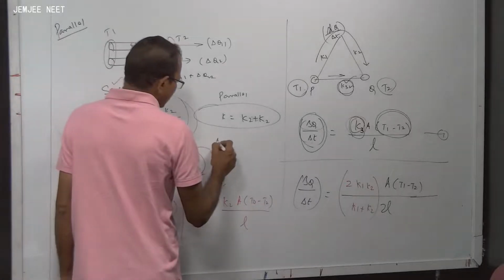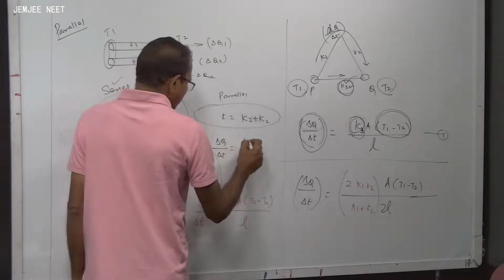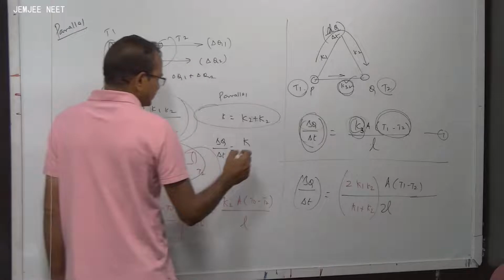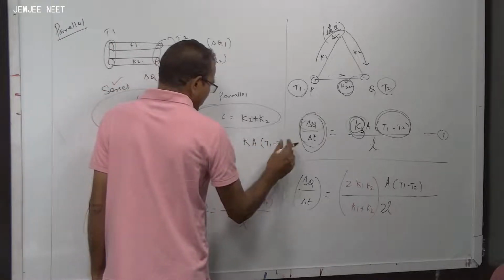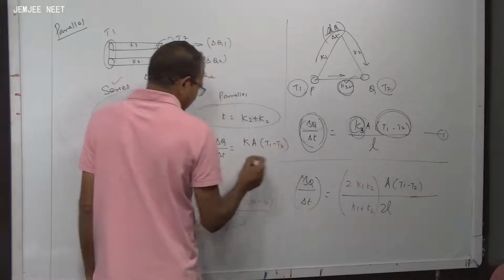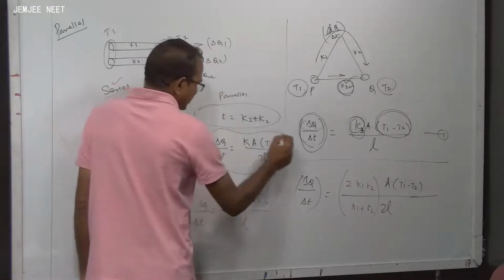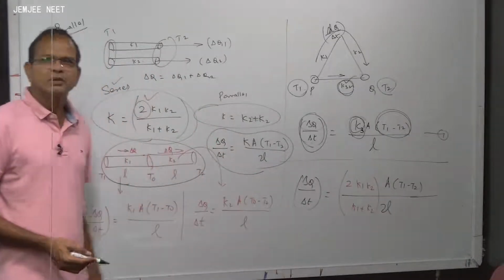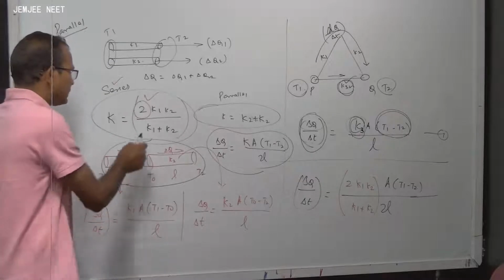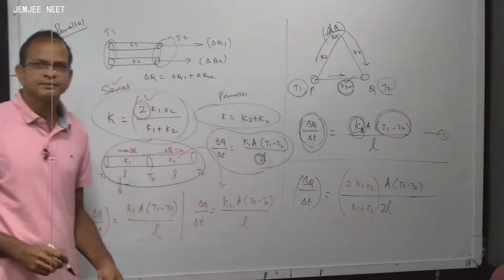Quantity of heat flowing per second is equal to net conductivity K, area A, and T1 minus T2 straight, together, by length 2L. No need of T naught. Compare all the three, you will automatically get the answer. The 2 has come. I hope you understand.